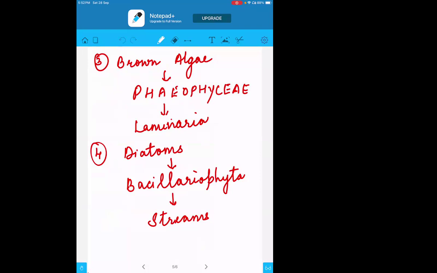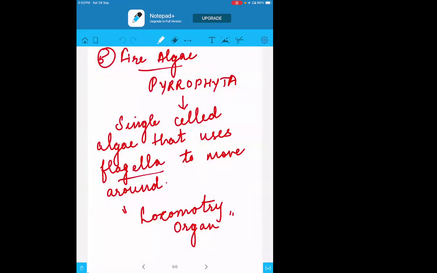We have the paramecium also, and on its sides there are hair-like structures called cilia. This cilia helps them for movement. Then inside the water you have the porifera, and with the help of that they will be moving.